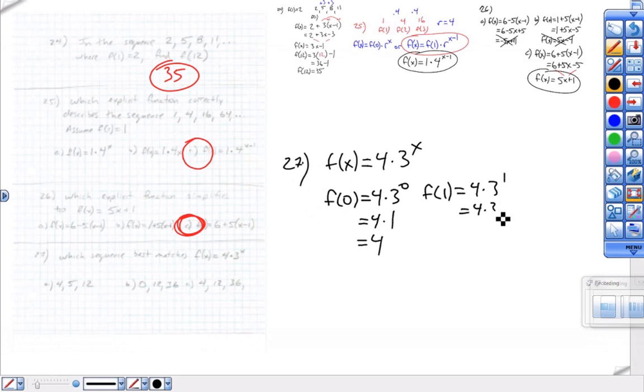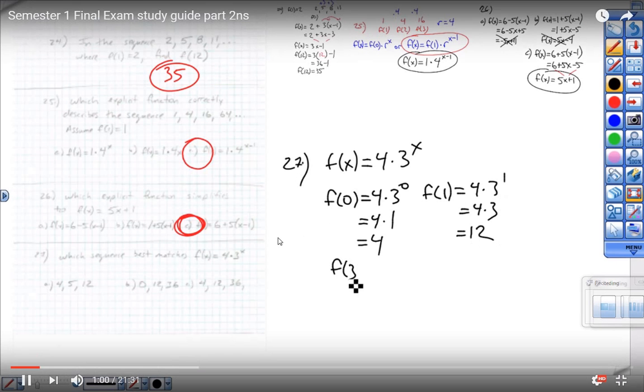Again, do the math. 4 times 3 to the first power is 4 times 3. When I plug in 2, be a little more careful. Again, I'm going to erase that and change that to 2. Order of operations says do the exponents first. Do not multiply 3 times 2. That is not 6. This is 3 times 3, 9. So that gives you 4 times 9.